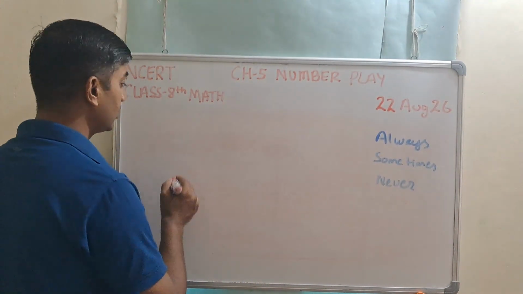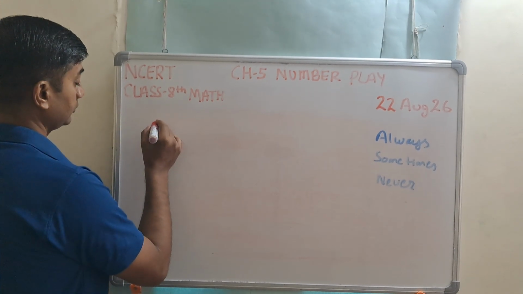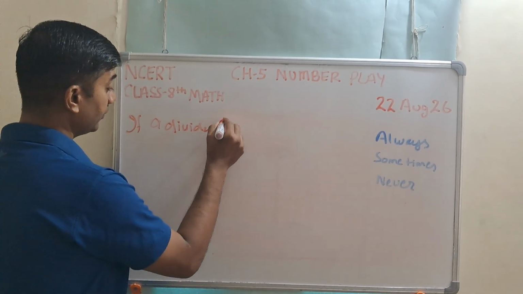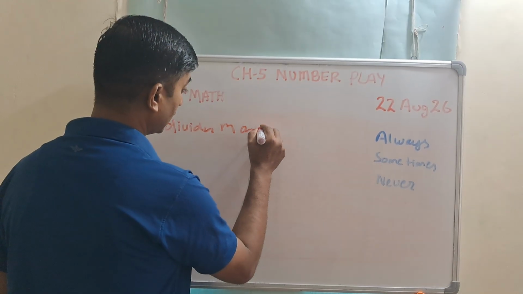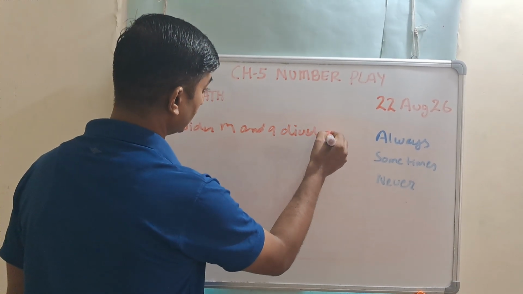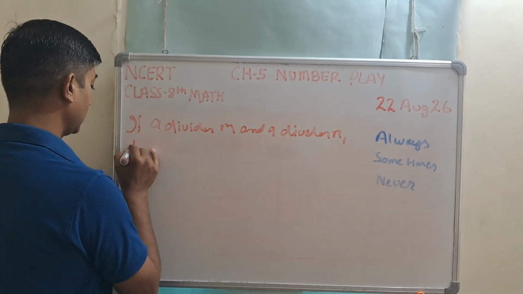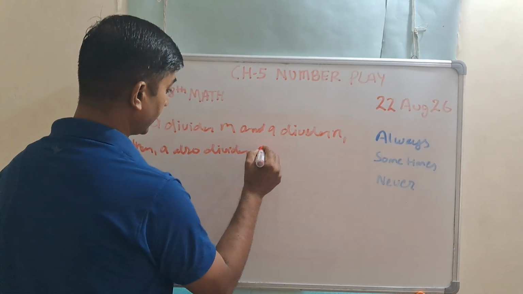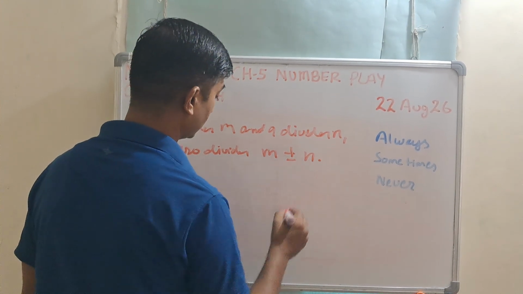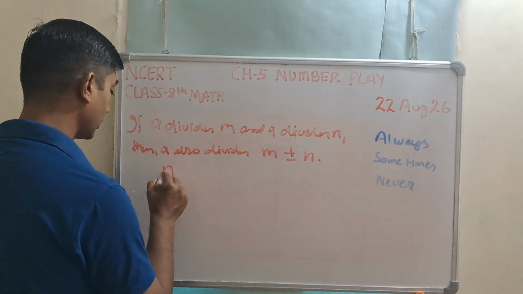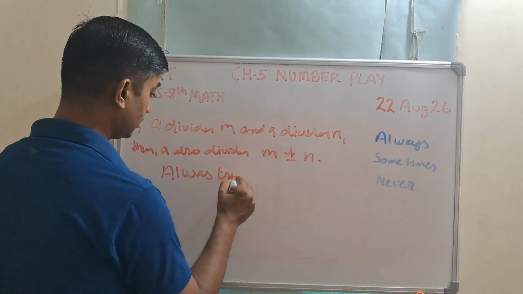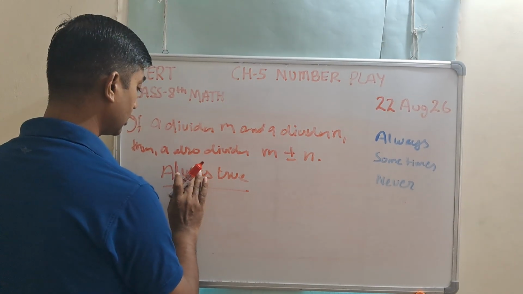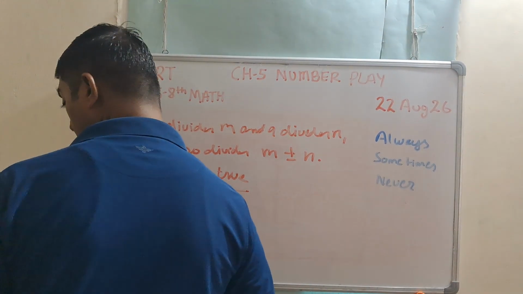We discussed that if a divides m and a divides n, then a also divides m plus or minus n, and this is the case of always true. Understood?